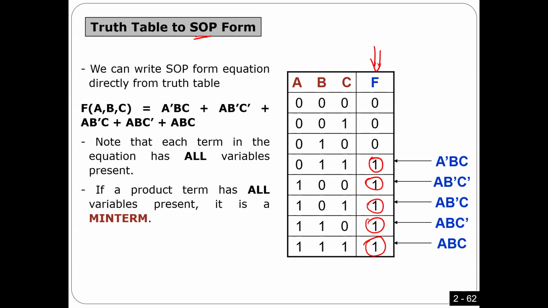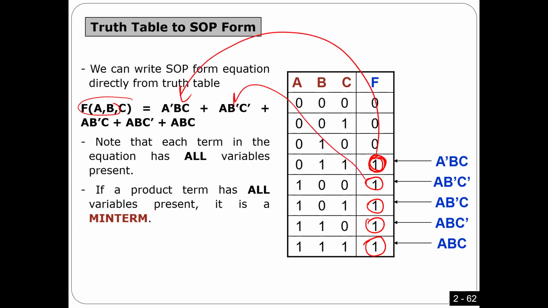In product of sum, when I explain it, we work on zeros, not ones. But now I'm talking about SOP. In sum of product, number one, we have to work on ones. Number two, every one you have here should be one term. So this one here is going to contribute to the function by one term. So yeah, this term here.